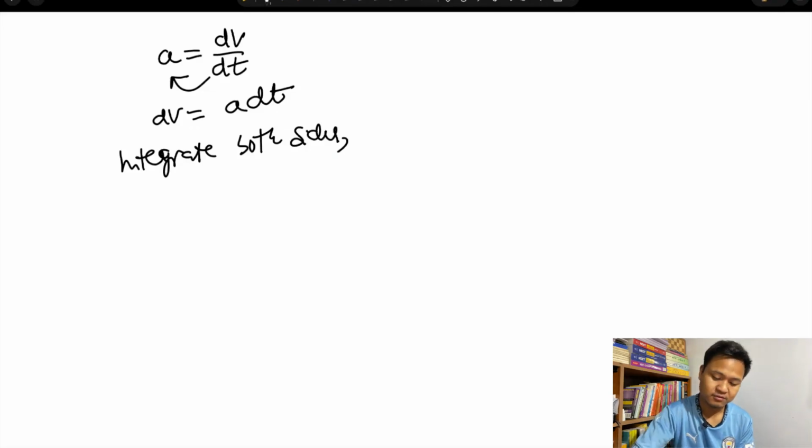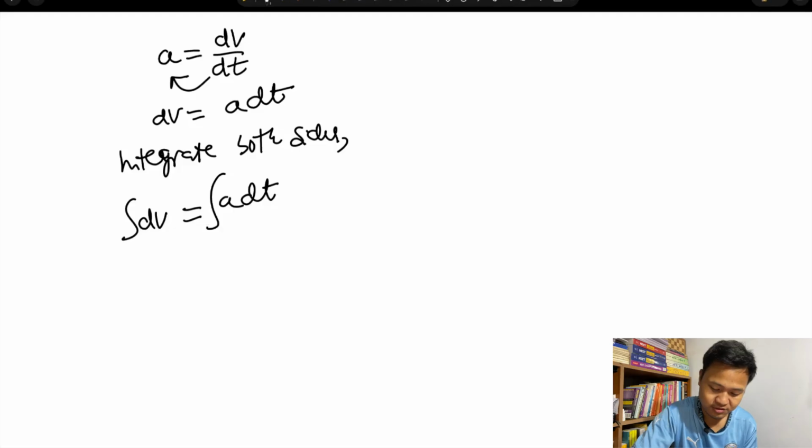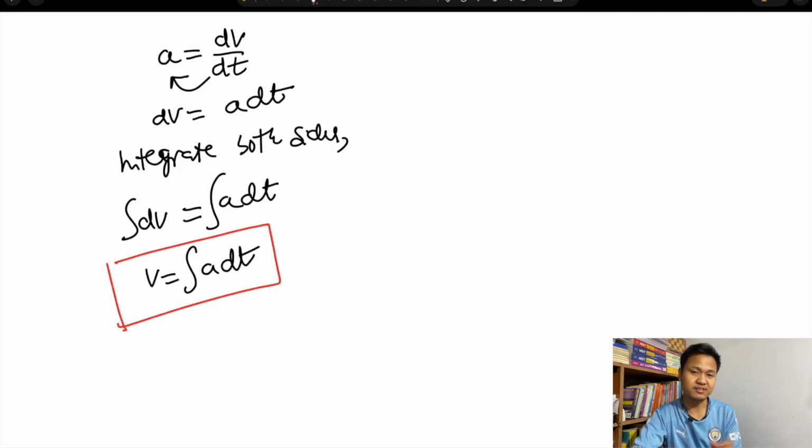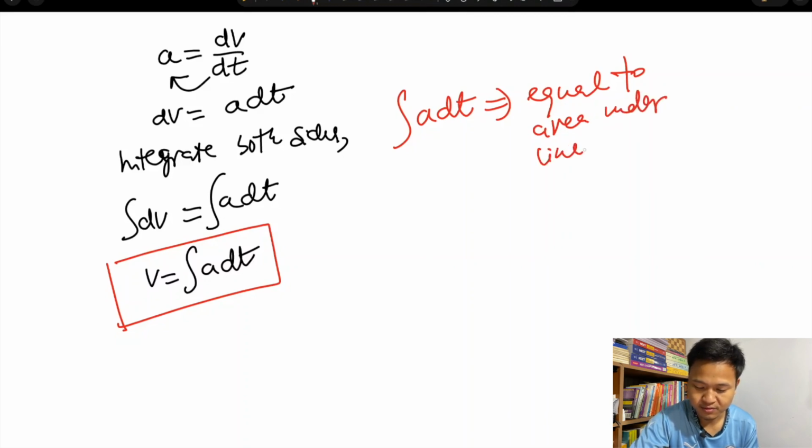So integral dv equals integral a dt, so v equals integral a into dt. So what does integral a dt mean? Integral a dt is equal to the area under the line or curve in an at graph.